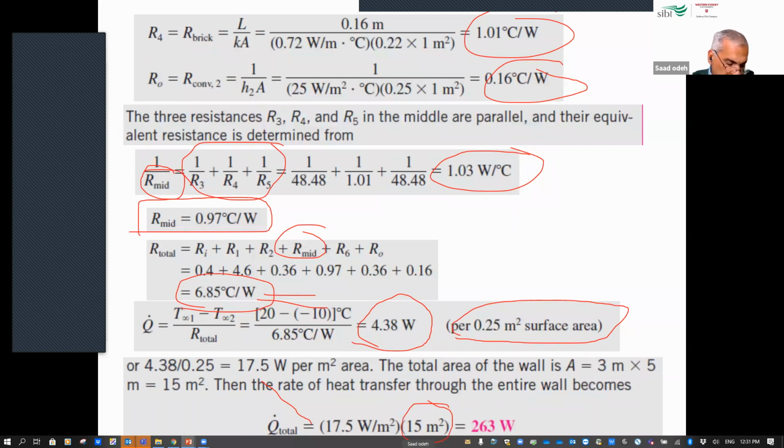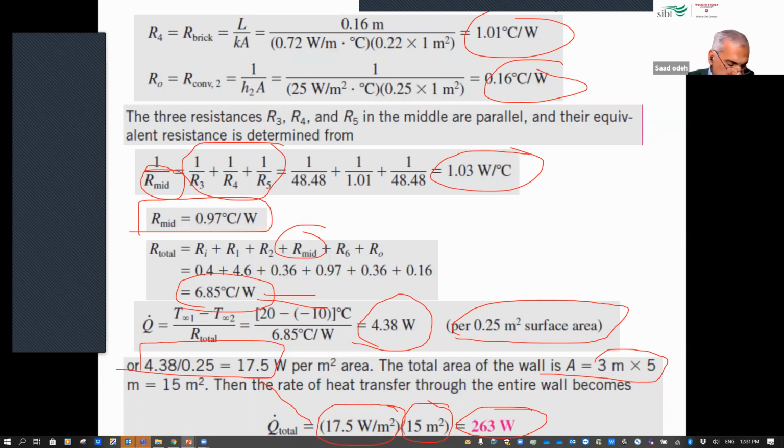We multiply it by this ratio of how much watt per square meter. We did this already by dividing the amount of heat by 0.25 meter. That section, we took it from the wall, and then we can find the total heat through the wall, which is 263 watt. Okay.